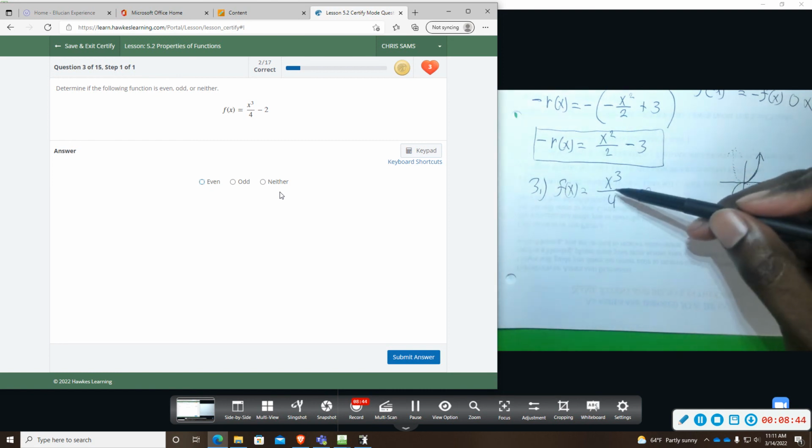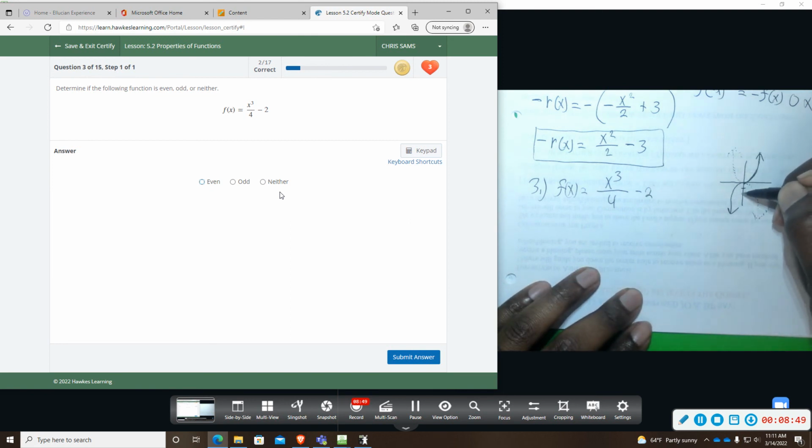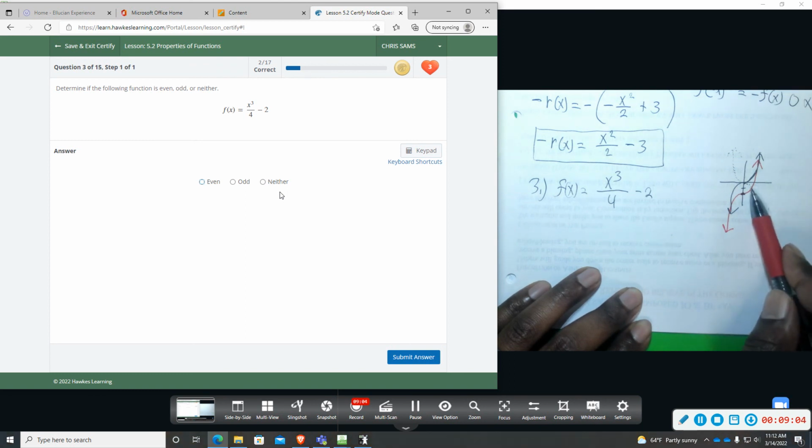Now, if I were to take this graph and move it down 2 units, 1, 2, and I'm going to do it in red. This graph would be going up like this, and then coming down like this. It no longer fits, okay, because if I were to flip, let's just say this little section here, because every section has to match. If I flip that across the x-axis, I would have this piece going right here.